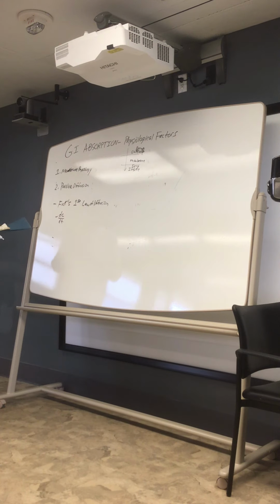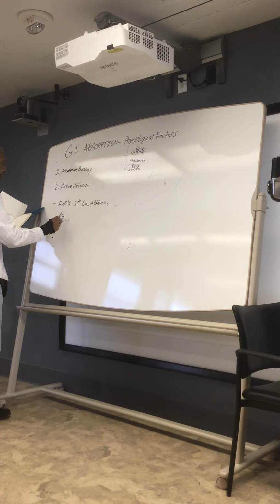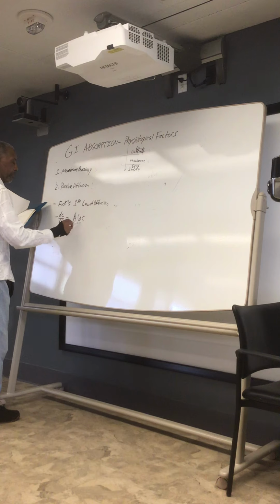So Fick's first law of diffusion basically says that the rate that the drug crosses that membrane is equal to some constant K times delta C. Delta, that's the change in concentration. So let me just put that in parentheses.